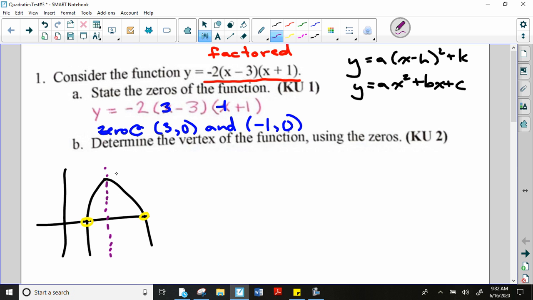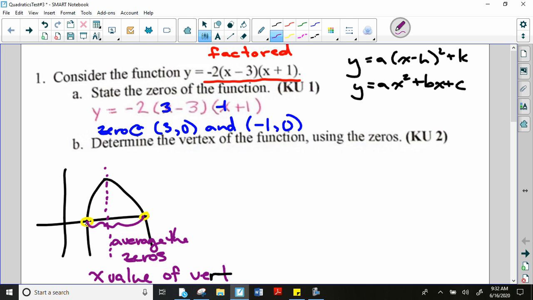In a perfect world, this is a gorgeous, perfect parabola, the axis of symmetry happens right in between the two zeros. So if you can average the zeros, you could find the x value of the vertex.